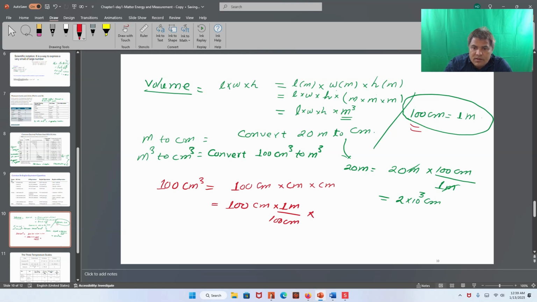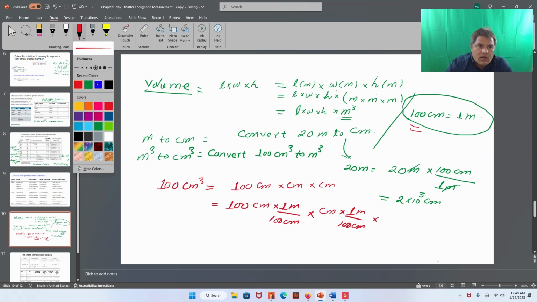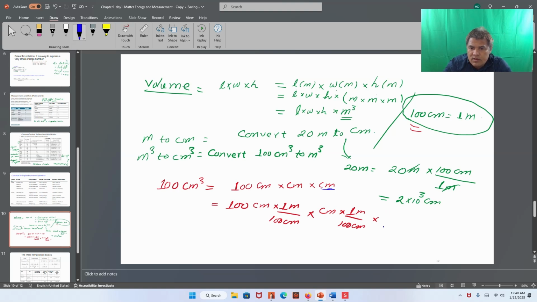Now let's convert this centimeter also, again the same thing, times 1 meter by 100 centimeter. Let me change the color so that you can distinguish. Now this third centimeter, times 1 meter by 100 centimeter, right?